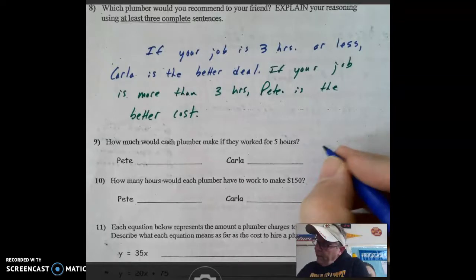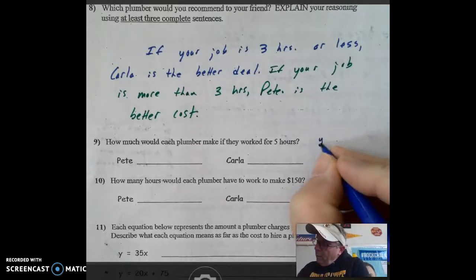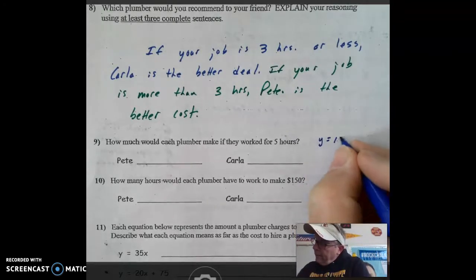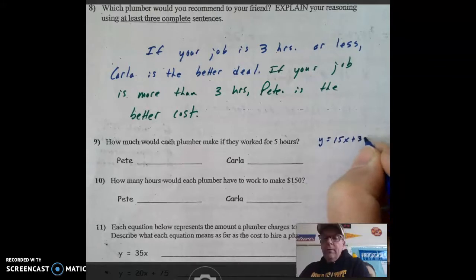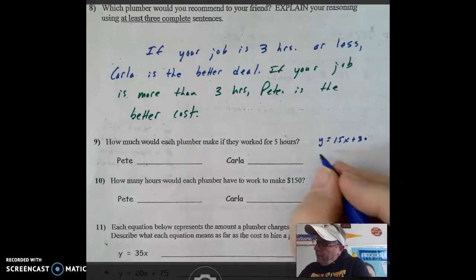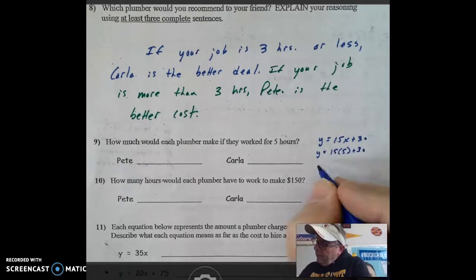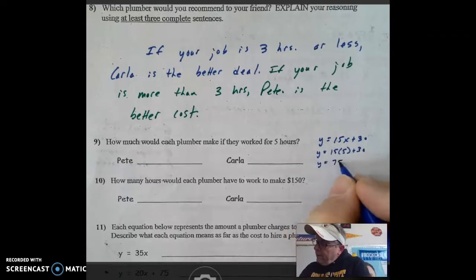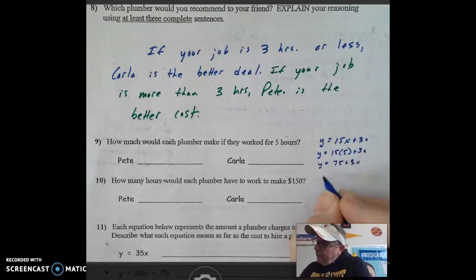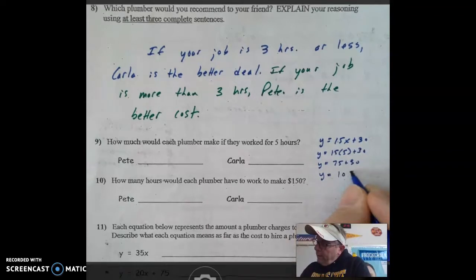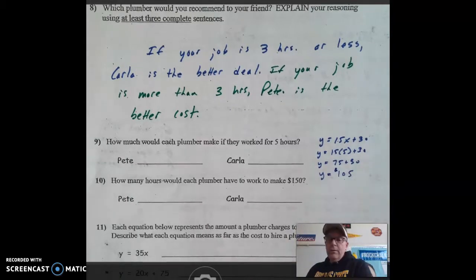So Pete is y equals 15x plus 30. And I know that we're talking 5 hours, so y equals 15 multiplied by 5 plus 30. y equals 75 plus 30. So y equals $105 for Pete.